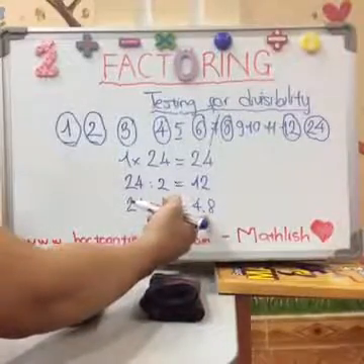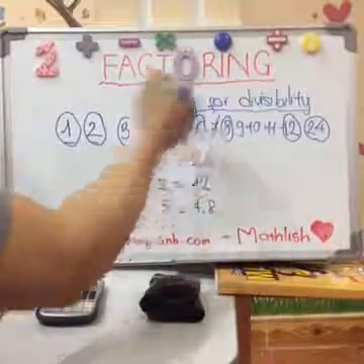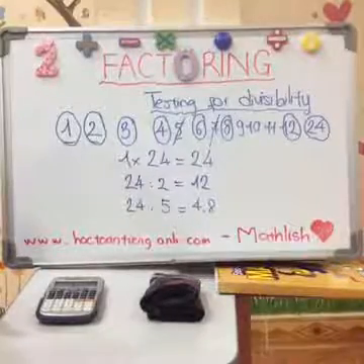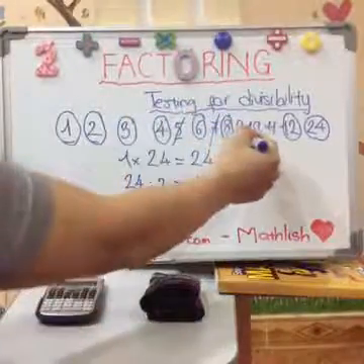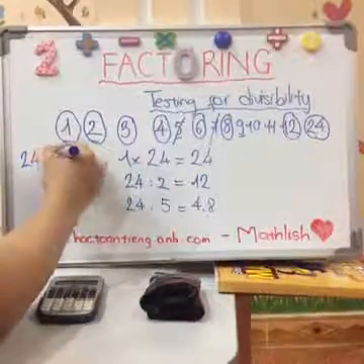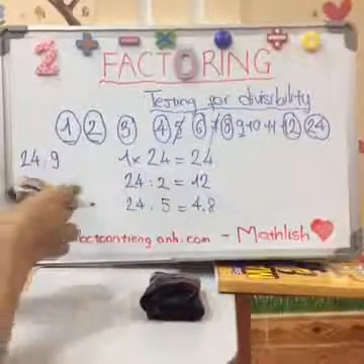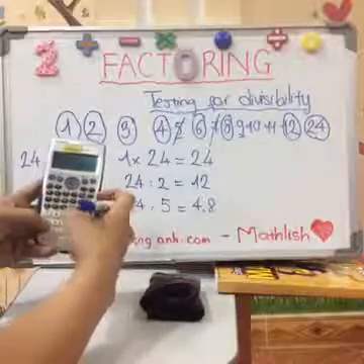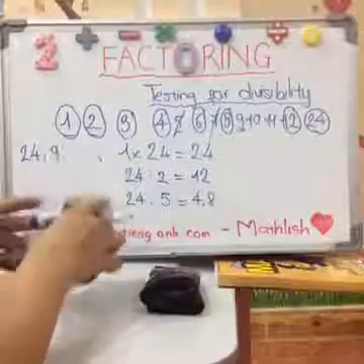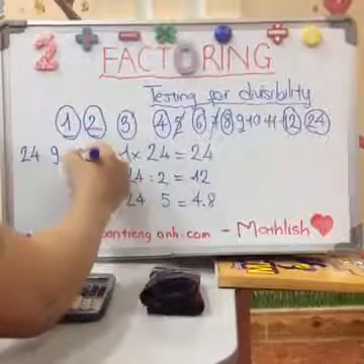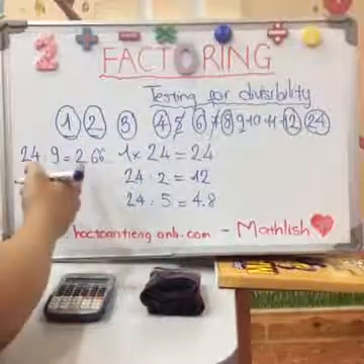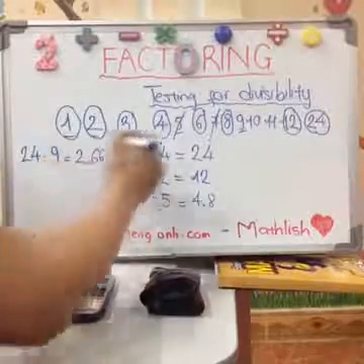That means that 5 is not a factor of 24. Next, we will try 9. 24 divided by 9 equals 2.6666 and so on. That's definitely not a factor.